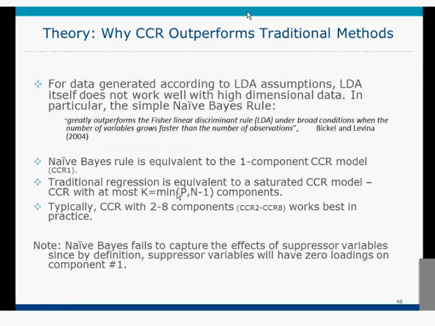So the one-component model outperforms the saturated model. But how about models in between? Typically, these models work best. Okay, so this theory justifies the one-component model working better than the saturated model.